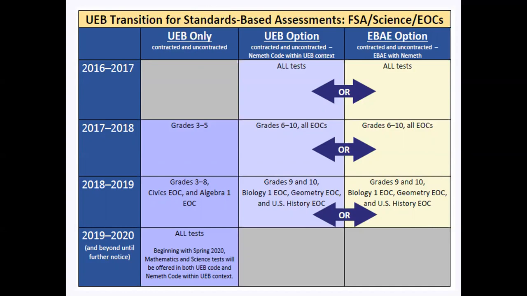There are two different times when those things are ordered, and there are certain ways they order it. So you'd have to work with either your school assessment coordinator and/or your district assessment coordinator for how and when to order those materials.